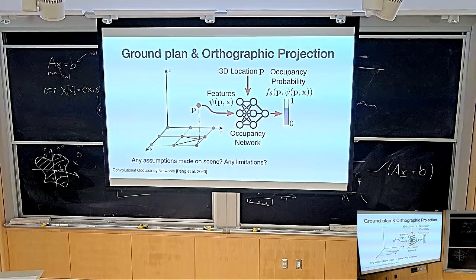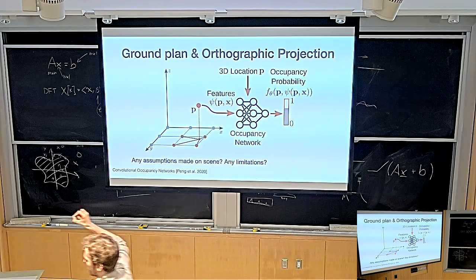What I want you to think about is that this is a way of interpolating between parameterizing everything as a neural network or parameterizing everything as a grid. On one end of the spectrum, you parameterize everything as a grid, or you can say, I'm going to discretize some of my dimensions, like the ground plane, store discrete values in the ground plane, and then decode the rest via a neural network.